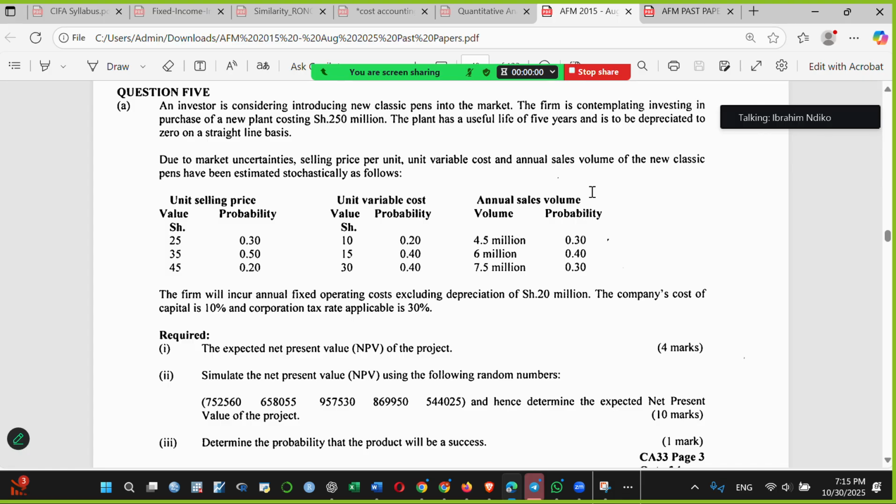Here they have told us straight line basis, so first we must calculate depreciation. And they have given us the tax rate, 30%. If you are given these, then you need to compute those items. If you are not given a tax rate and it says straight line basis, then you just ignore tax.